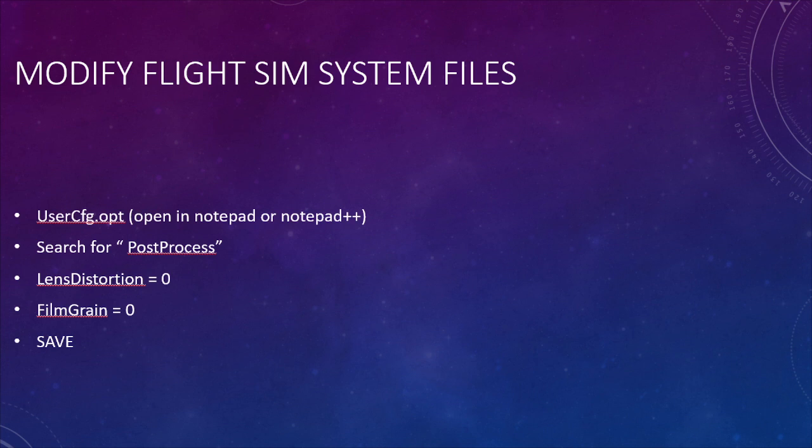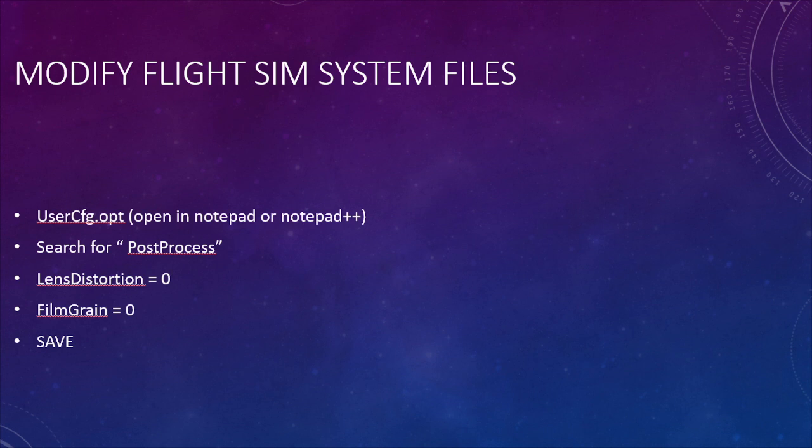Okay, so in Microsoft Flight Sim, there are some files that I'm going to be modifying directly. There is a user config file that you'll be able to find in your file tree. I'll show you how to do that in just a moment.